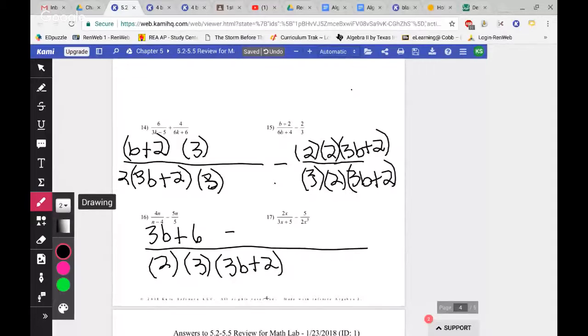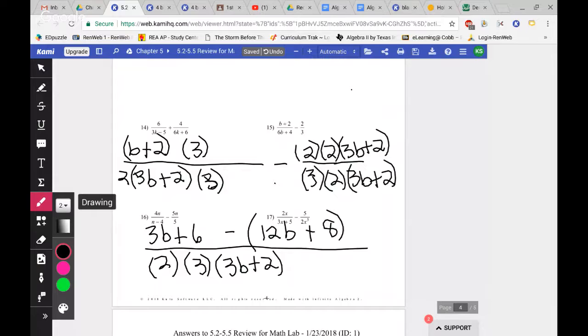This is 2 times 2. And I'm going to make a big parenthesis here because I've got to distribute that negative later. This 2 times 2 is 4, and that 4 will then be distributed to both terms, the 3b plus 2. So that's going to be 4 times 3b, which is 12b, and then 4 times 2, which is 8.